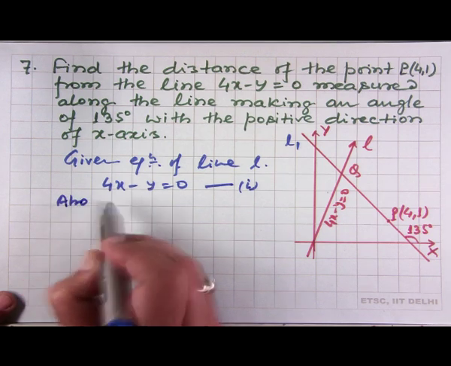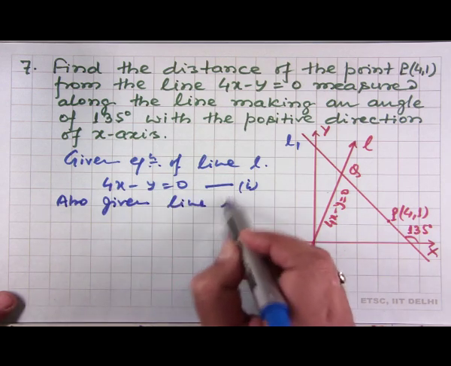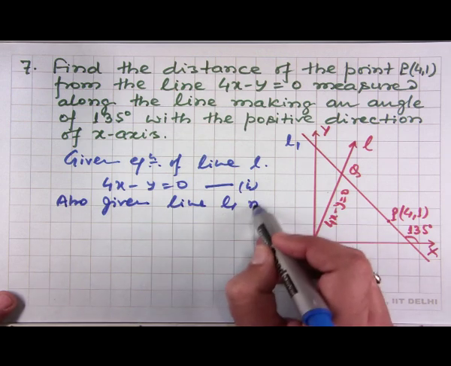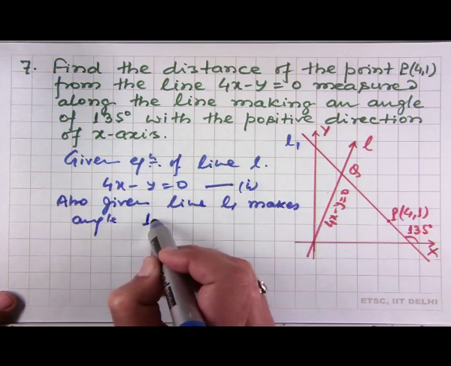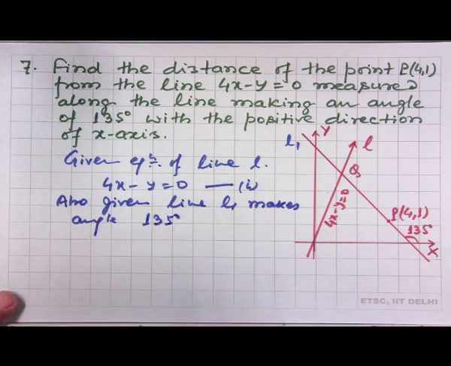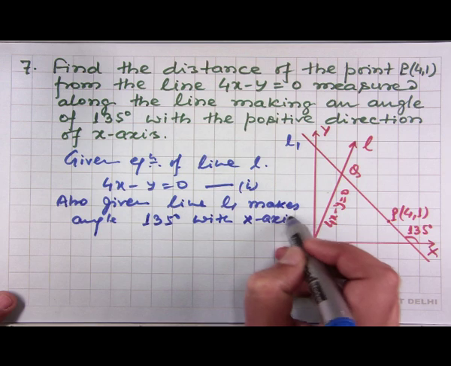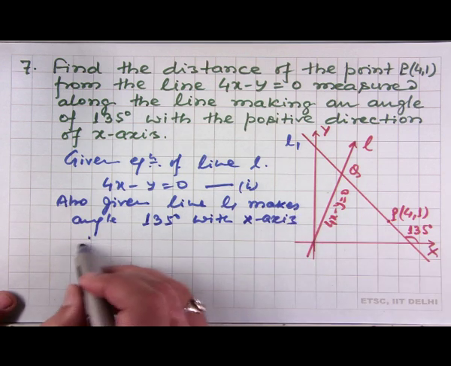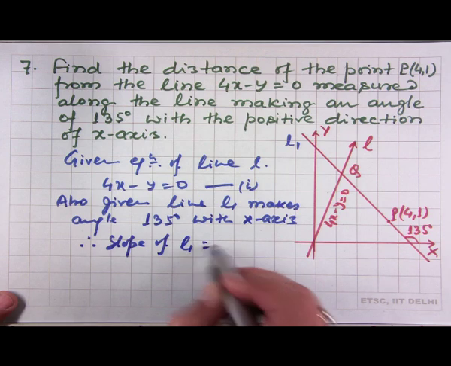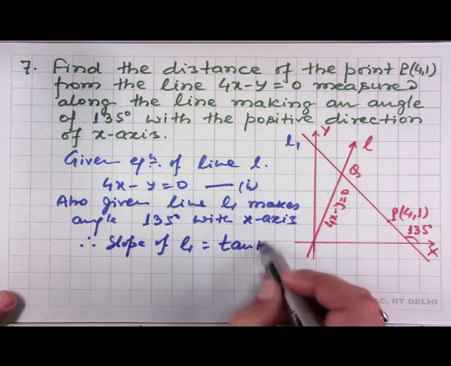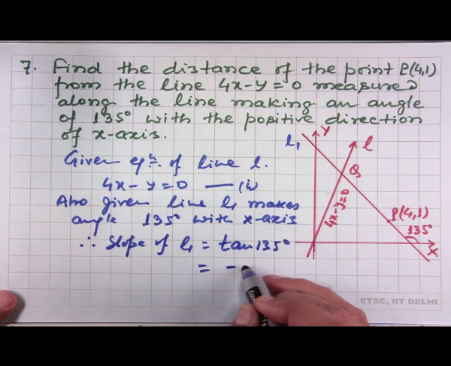Also given, line L1 makes an angle of 135 degrees with x-axis in positive direction. So the slope of L1 is equal to tan 135 degrees, which means minus 1.